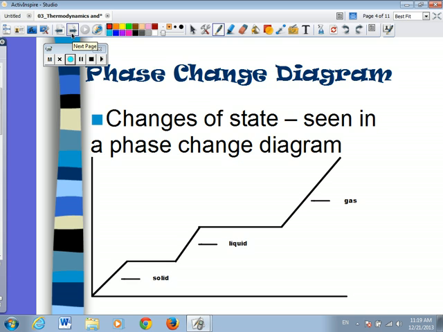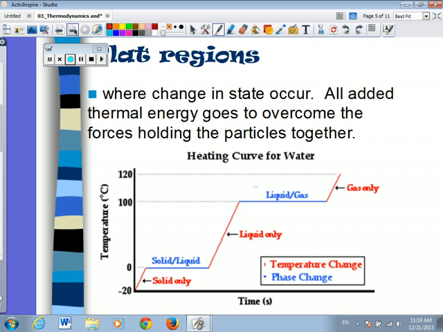Now, what happens on the flat regions? There's a lot going on. On these flat regions, when you're going from a solid to a liquid, if you start over here and end over here, you're mostly solid on this side and mostly liquid on this side.